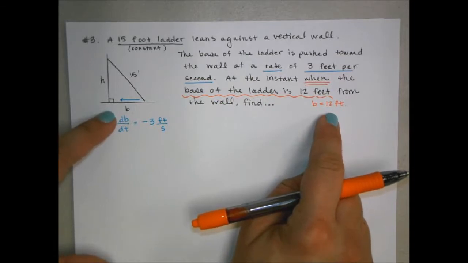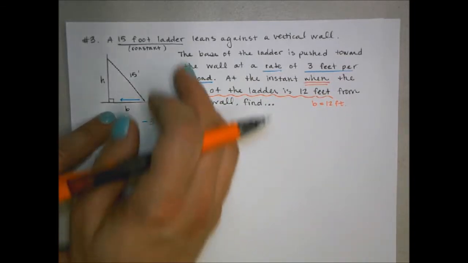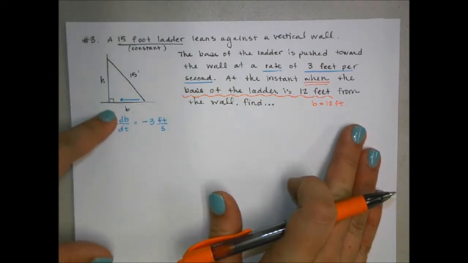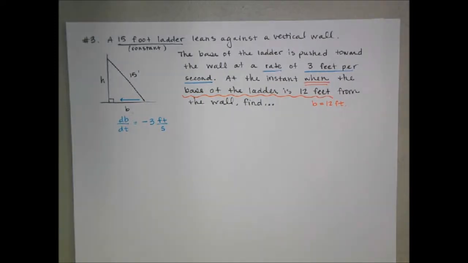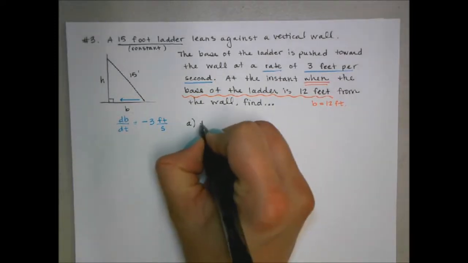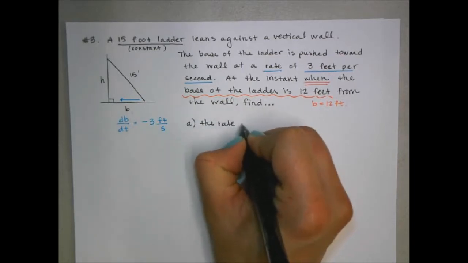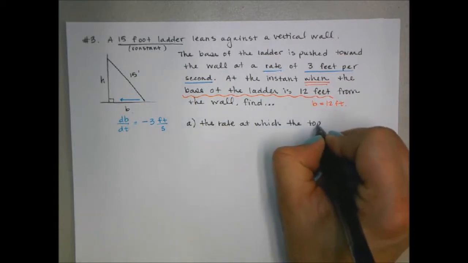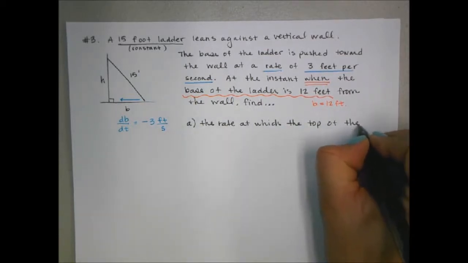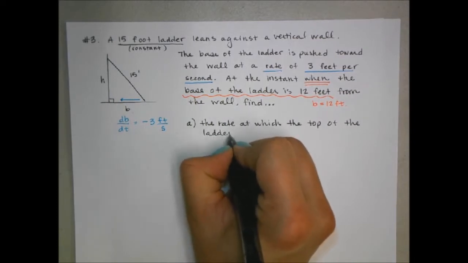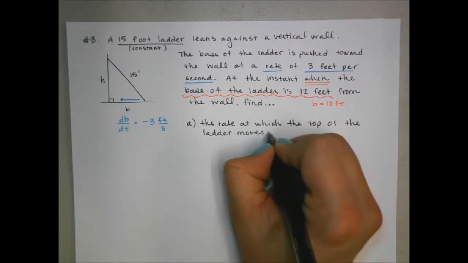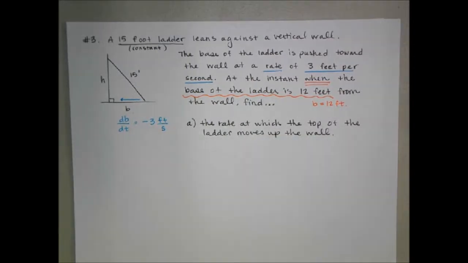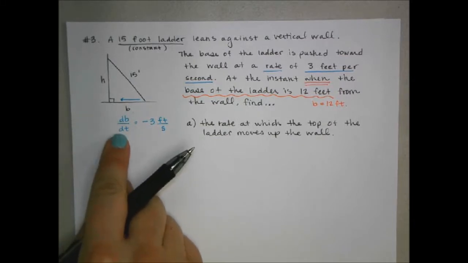Now, the function that we need to use to relate these together depends on what they want us to find. So in part A, we're going to find the rate at which the top of the ladder moves up the wall. We have a rate of change here, which can't be used until we've taken a derivative.